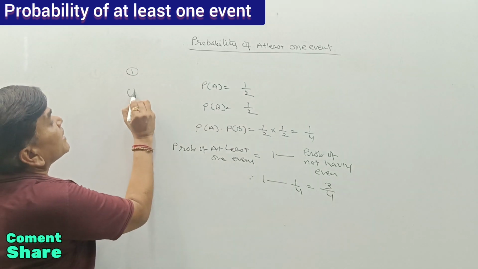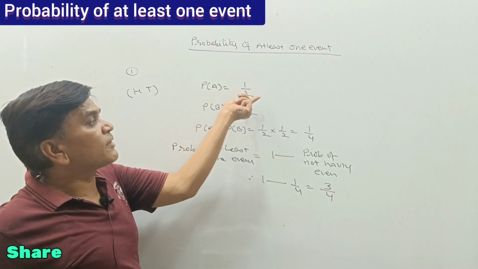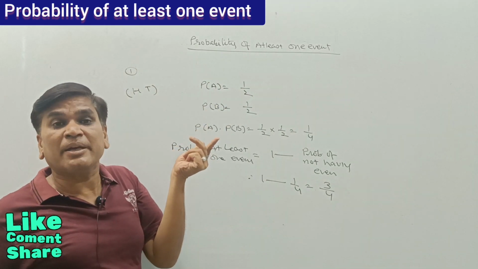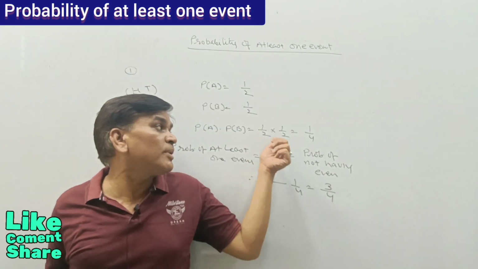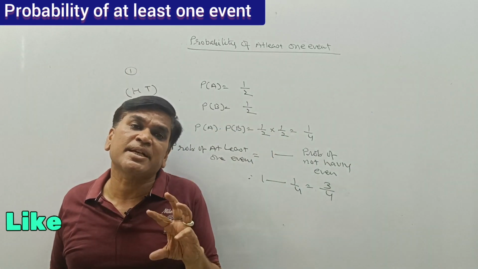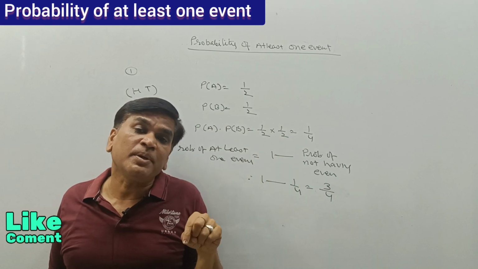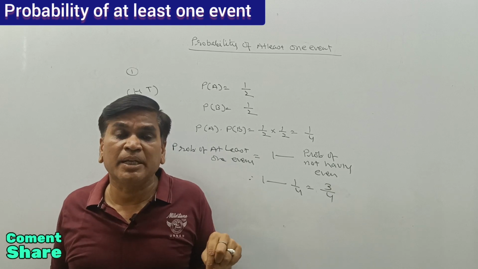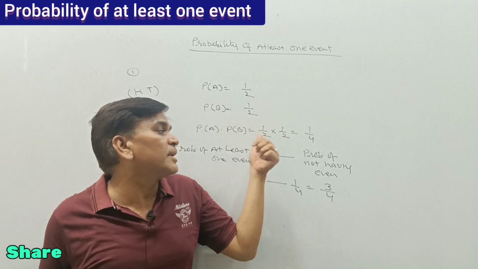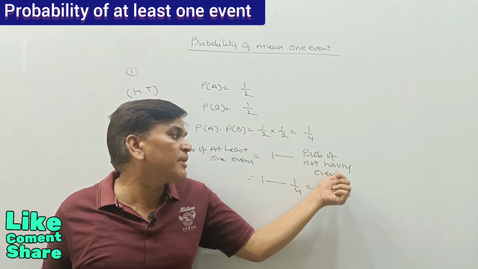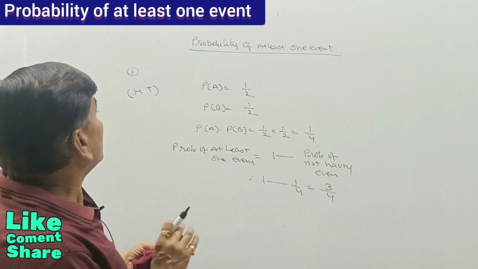In a coin there are head and tail, so not having a head has probability 1 by 2. In the second trial also not having a head is 1 by 2. So not having a head in both tries is 1 by 2 multiplied by 1 by 2, that is 1 by 4. The probability of at least one event is 1 minus the probability of not having the event, so that is 1 minus 1 by 4, that is 3 by 4.